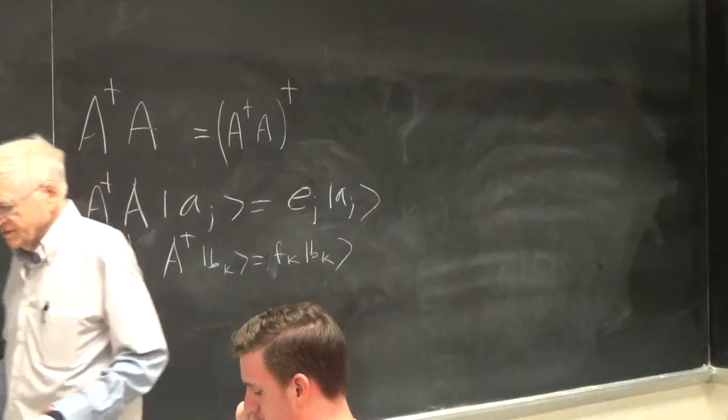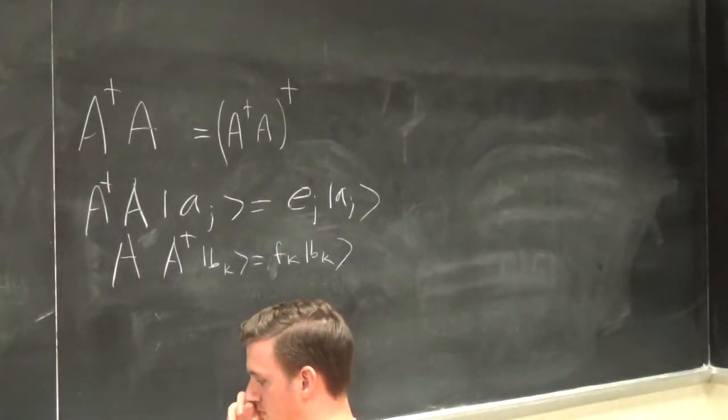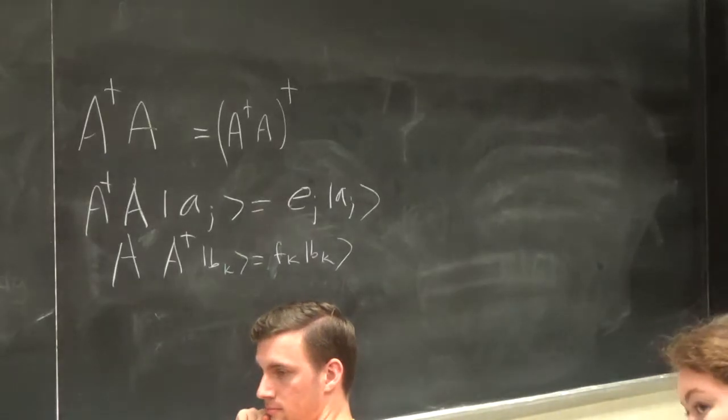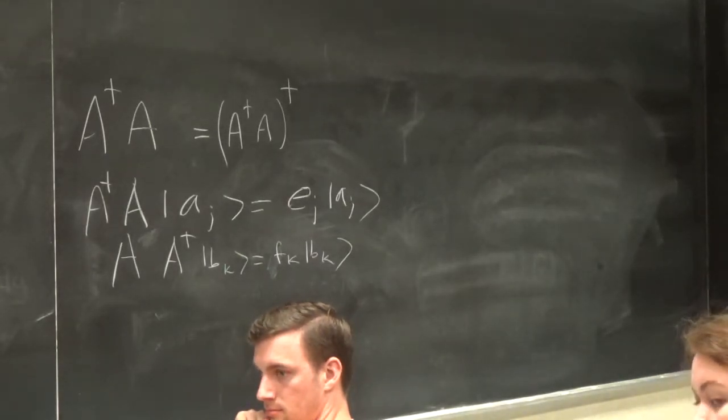So the singular value decomposition, you can construct it just by using the eigenvectors of the two Hermitian matrices, A dagger A and A dagger.